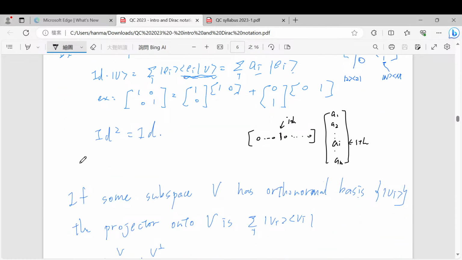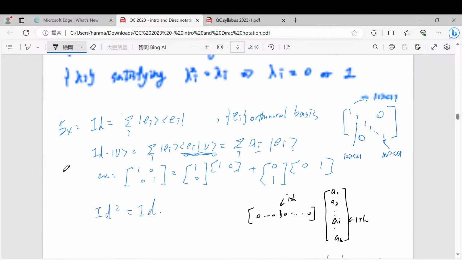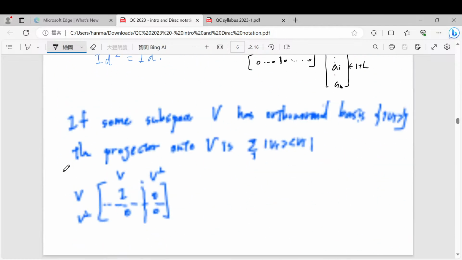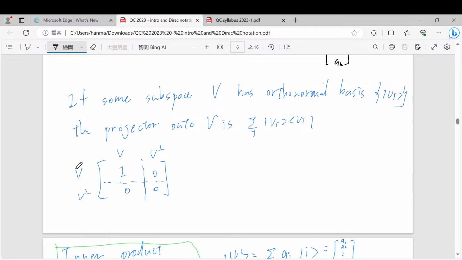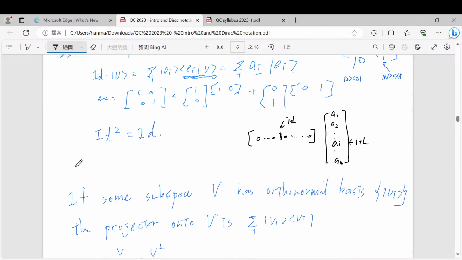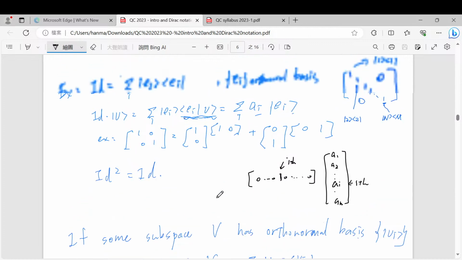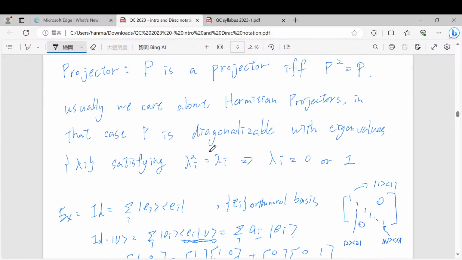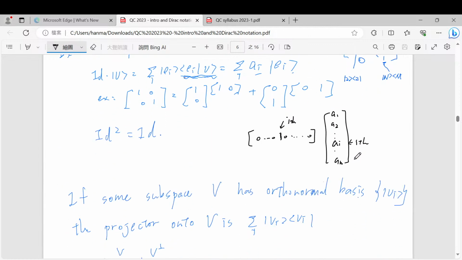Okay, and let me say a little more about the projector. Usually when we use a projector, we think there is some subspace V associated with the projector. That's the space where your eigenvalues are 1.